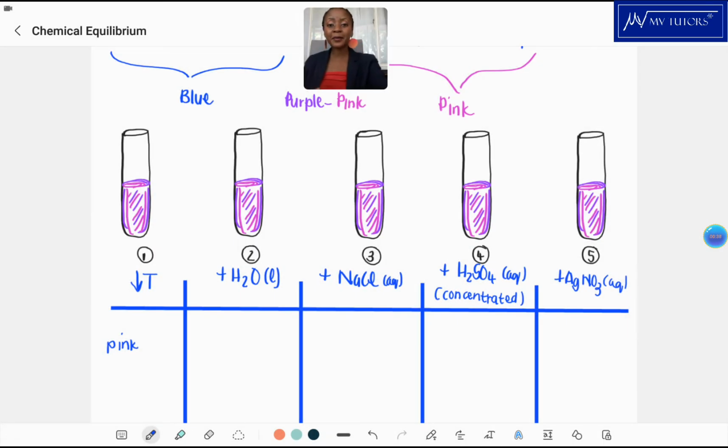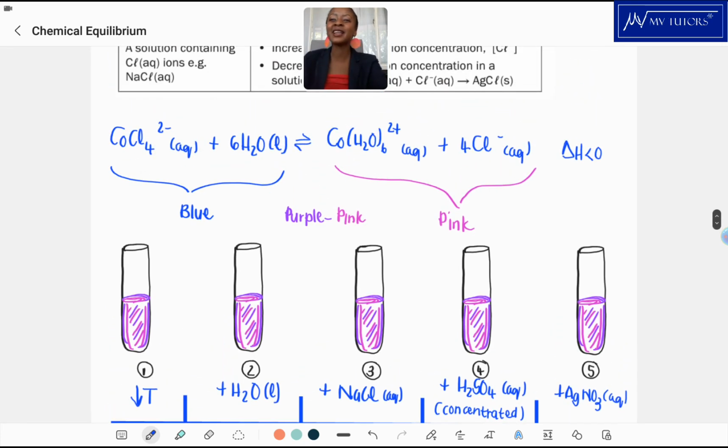And then what happens if we add water? Let's see, where is water? It's not an ion, but we want to see what is common. The water is on the reactant side. Remember that example where I said that solids and liquids don't affect equilibrium?